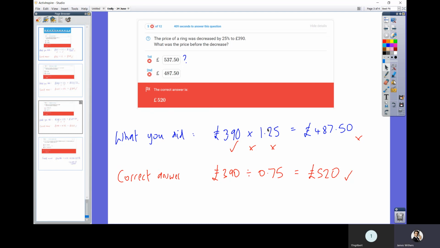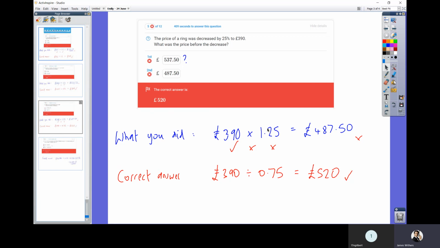So with all of these, Emily, you've got to think of it as a 2-step process. Step 1, is it an increase or is it a decrease? If it's an increase, then your multiplier is going to be 1 point something. If it's a decrease, your multiplier will be 0 point something.